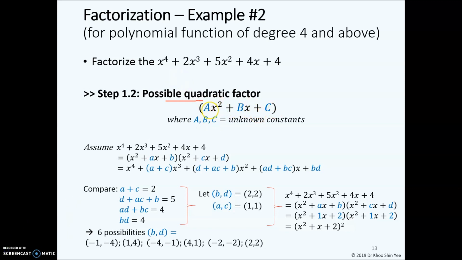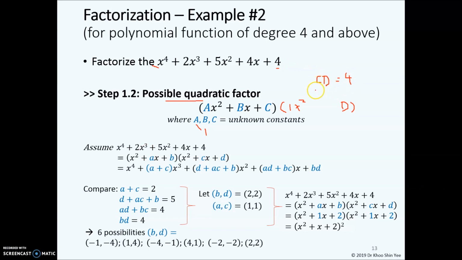In this case, we assume a to be 1, because if you have the quadratic factor x squared here, 1 multiplied by 1 gives 1. And the last term is 4. Let's say this is c, and I have a d here. So c multiplied by d will be equal to 4.